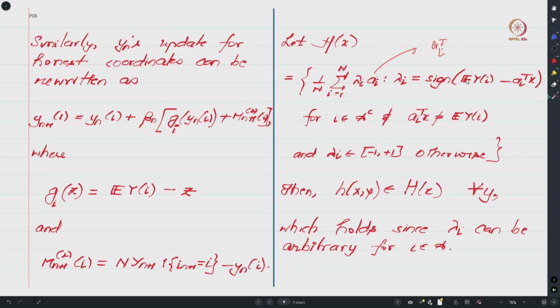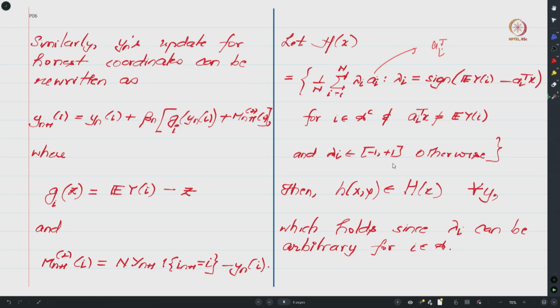If it is positive, the sign expression will output +1, and if this argument is negative, the output of this sign function will be -1. So this lambda i should either be +1 or -1 depending on this expression for every i that is not an adversary and a_i transpose x not equal to expected value of y_i. And for every other i, this lambda i can be any number between -1 and +1.